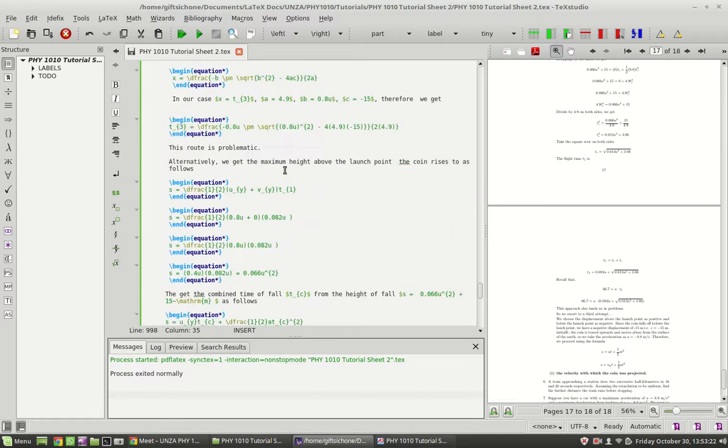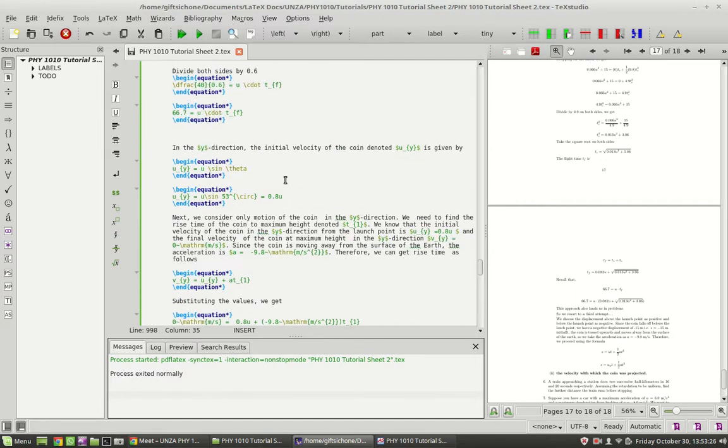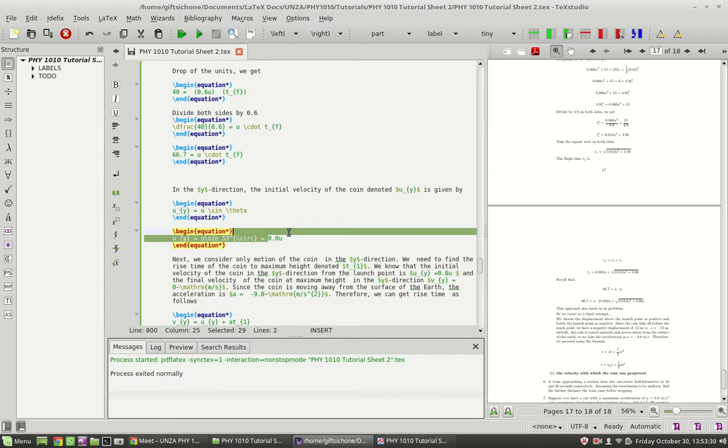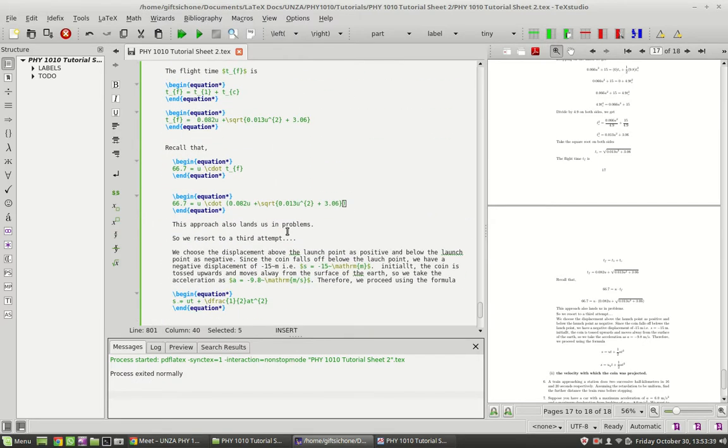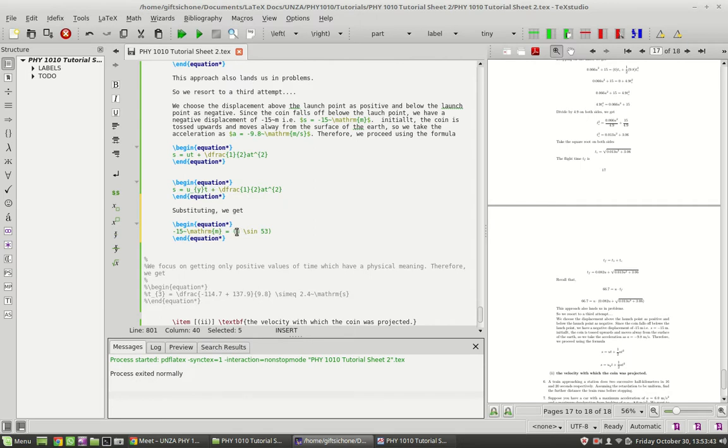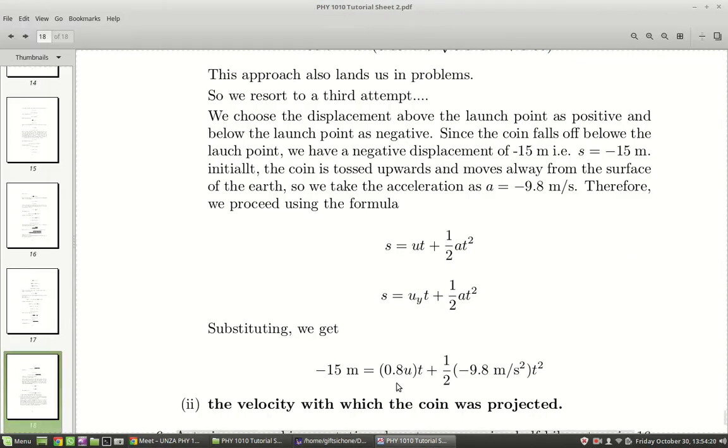We found it to be 0.8. That, times t, plus one half times minus 9.8, because the coin goes away from the surface of the earth when it is tossed, times t squared. Okay, so we get this.